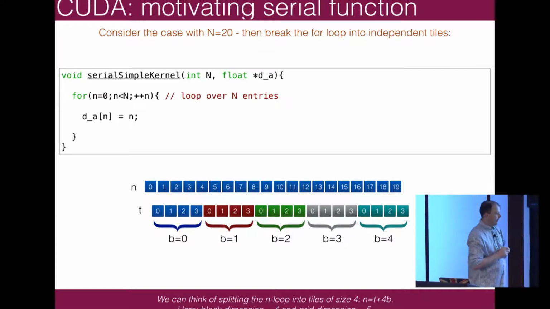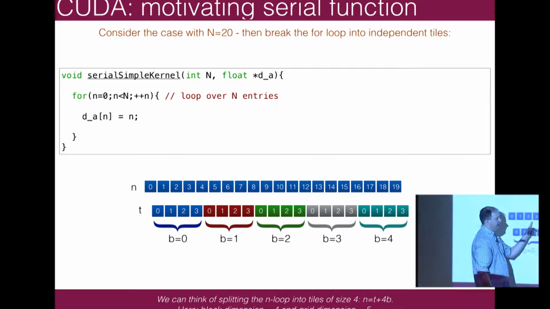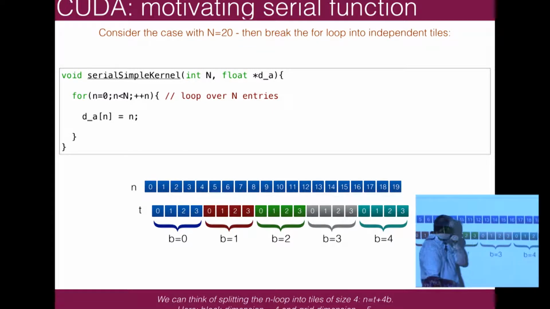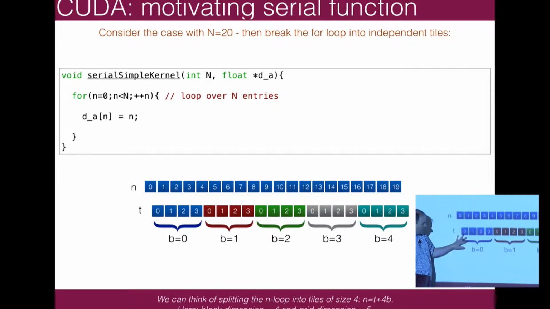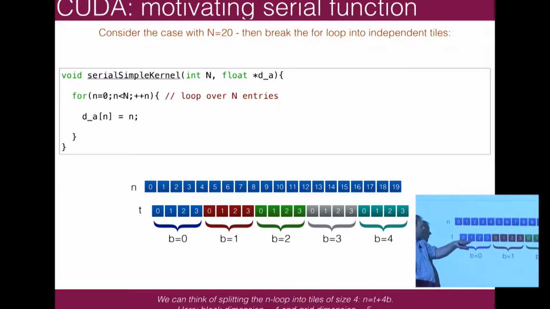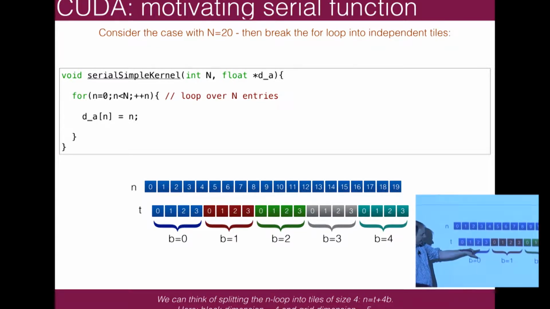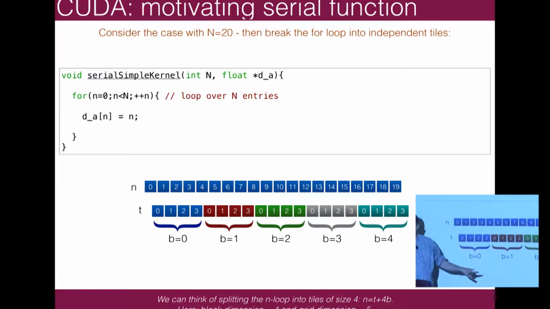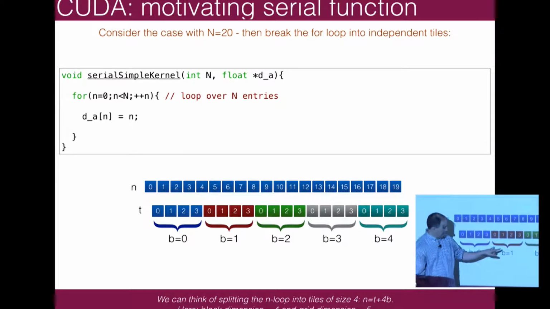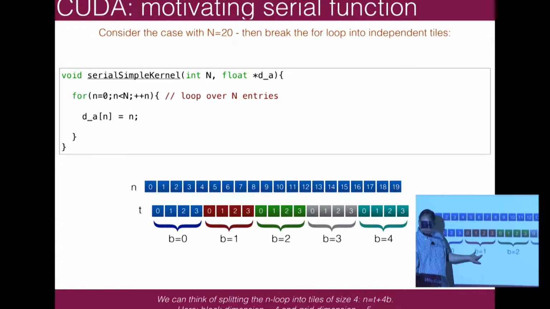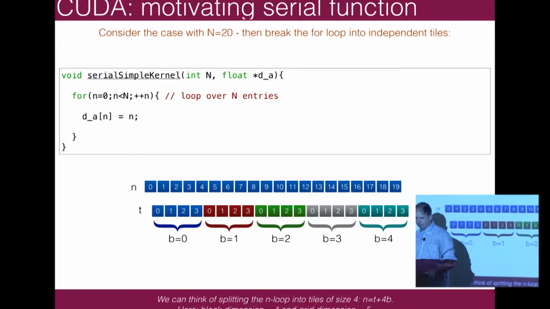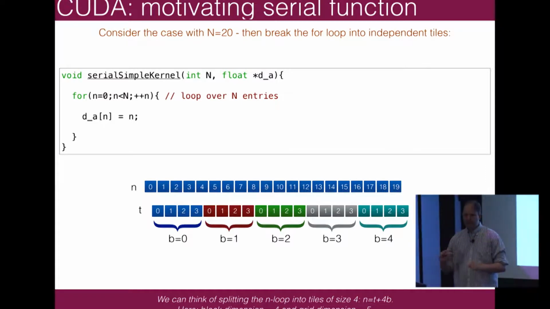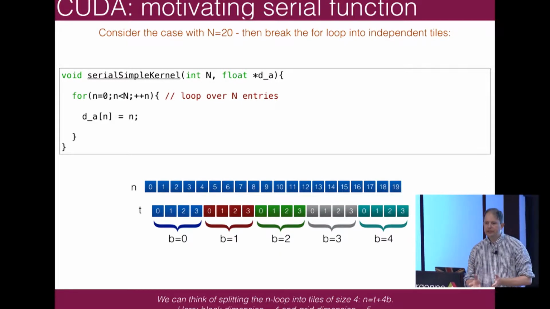So instead of thinking of this as a monolithic serial loop over this range, you might think of dividing into groups of 4, and then this set of instructions to set the values of these 4 entries in the array would be sent to one core. These instructions could be sent to a second core, these instructions to a third, and so on. Does that make sense? Because we have to decide what gets sent to each core and then what happens inside each core.